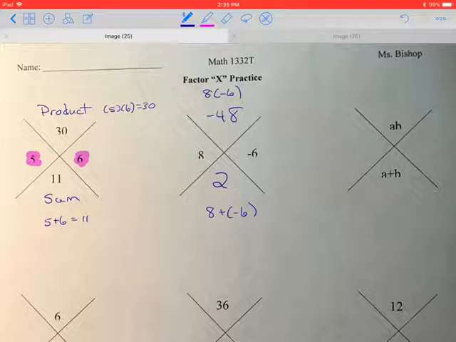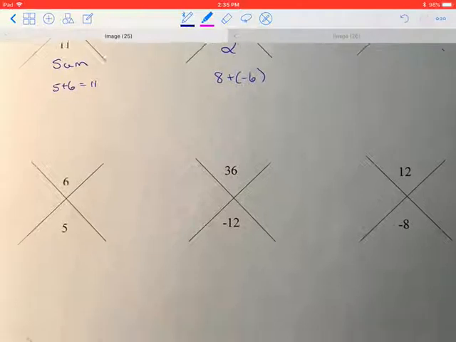For the last one on the first row, we have AB as our product and A plus B as our sum, so we can tell our two numbers would need to be A and B. When you're looking at the numbers on the left and the right, the order doesn't matter. It doesn't matter if you put the A on the left or the B on the left. All right, so let's try a couple of these.